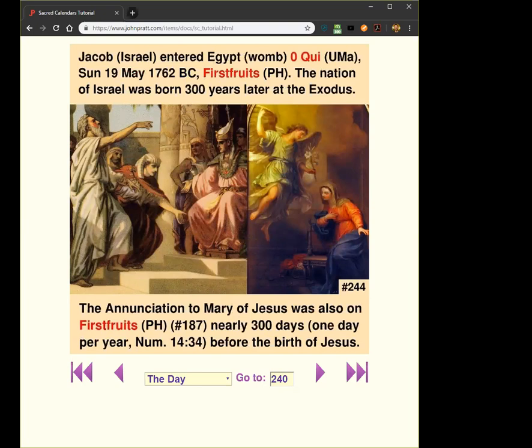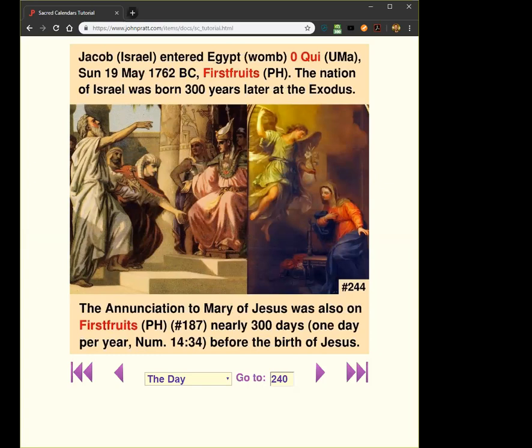And Jesus, or Jehovah really, said to Jacob, I will sojourn with you. And I believe this is one of the meanings of that phrase, that the life of Jesus parallels in days what happened to Israel in years.